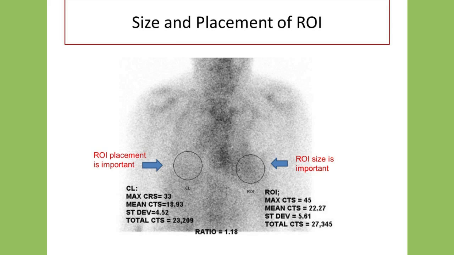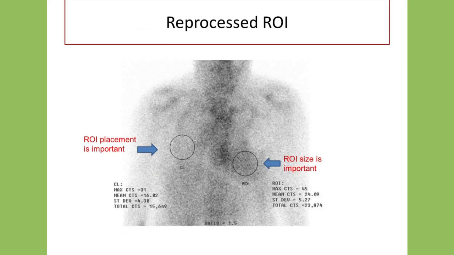If we take this same patient and redraw our regions of interest, we now have a ratio of 1.5. So essentially moving the region of interest has changed what we're seeing for a ratio. And again, this is one of the reasons why many labs now are using more of the SPECT information for a determination rather than just relying on the region of interest information.